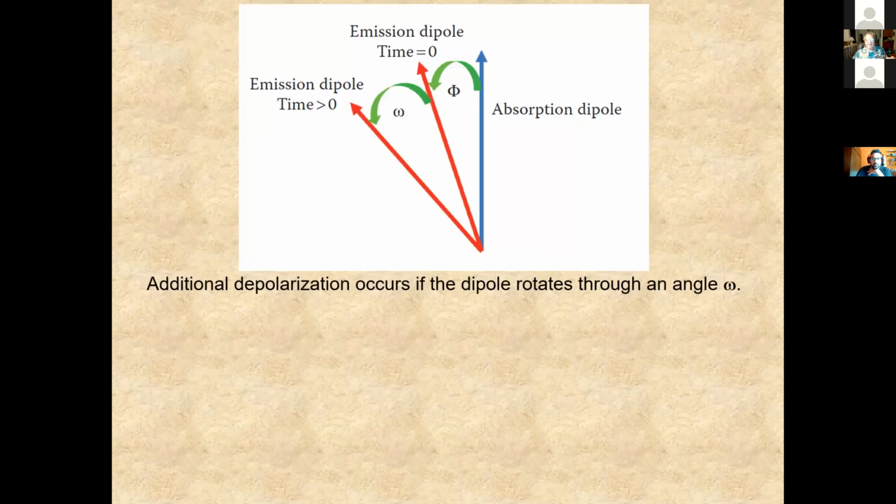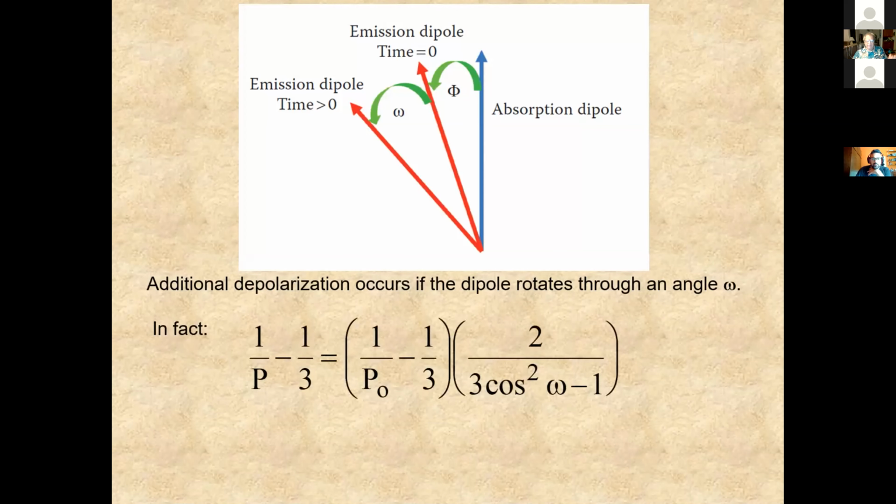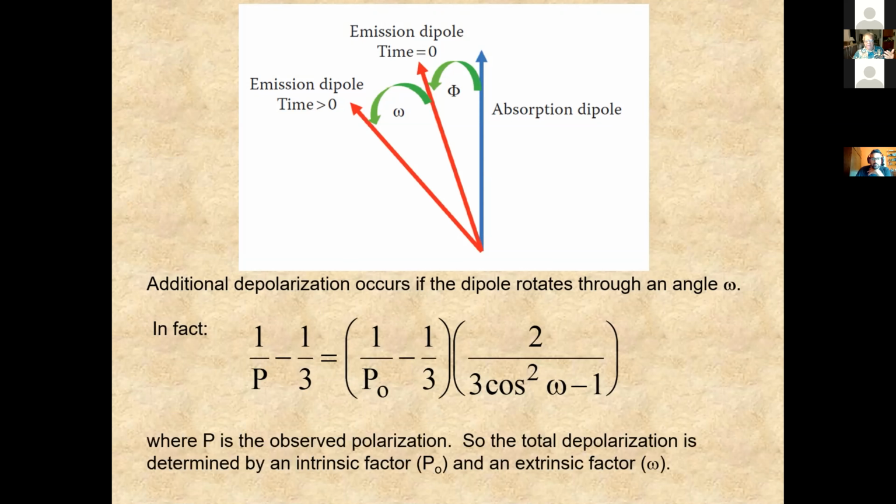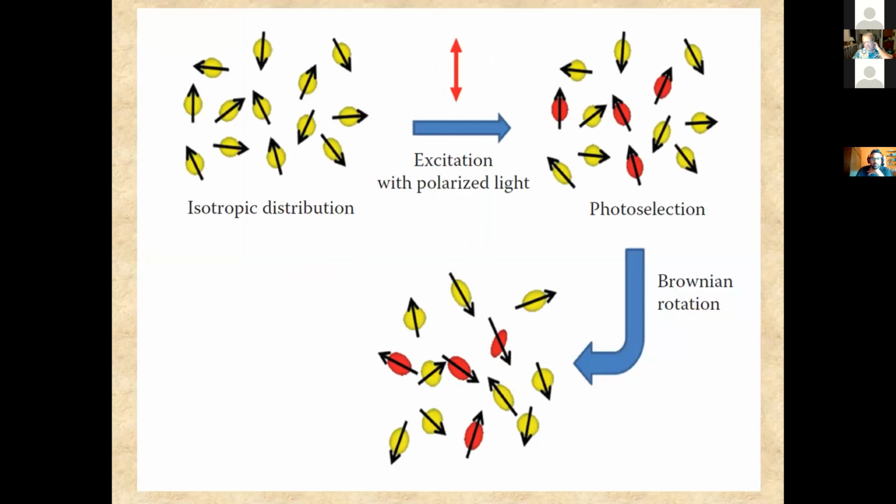And in fact, additional depolarization occurs if the dipole can rotate through an angle omega. And then the observed polarization, P, is related to the limiting polarization, of course, that's always your starting point at the wavelength you're using, times (2/3)(3 cosine squared omega minus 1). So you observe the polarization, and knowing the P0, you can see what angle it went through.